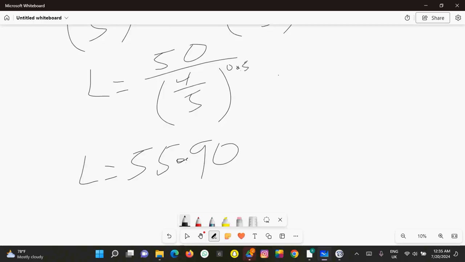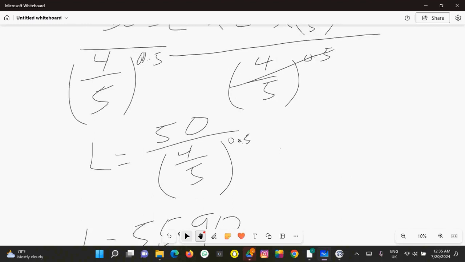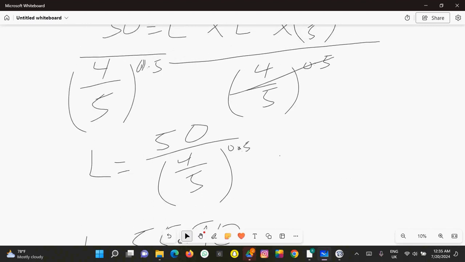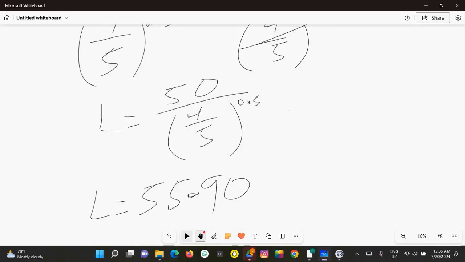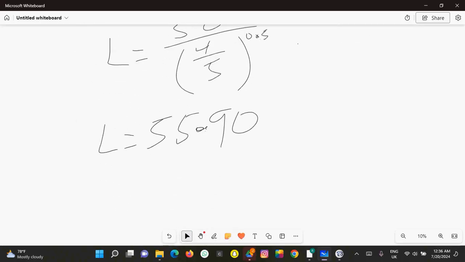Right? So we now substitute into the cost function. We now put L equal to this in the cost function, right?